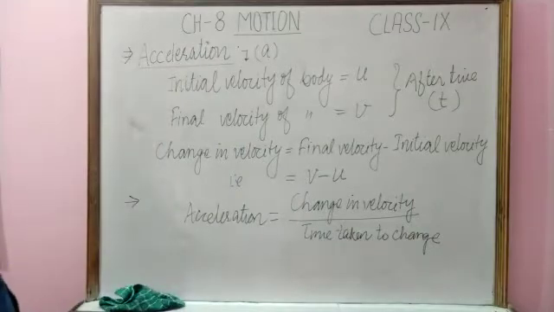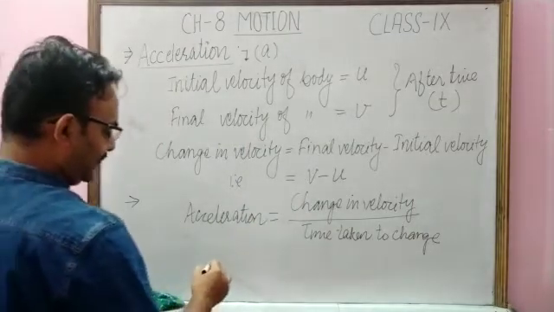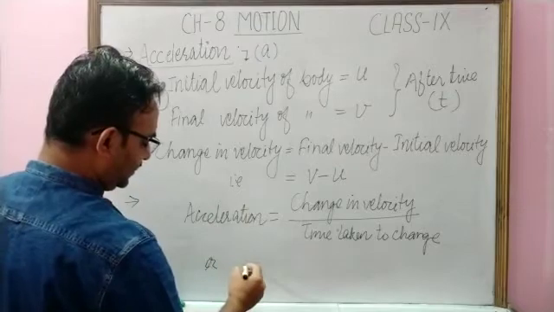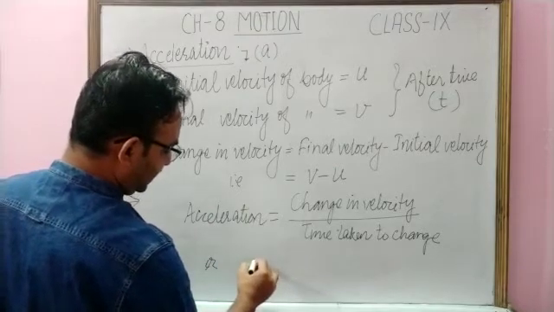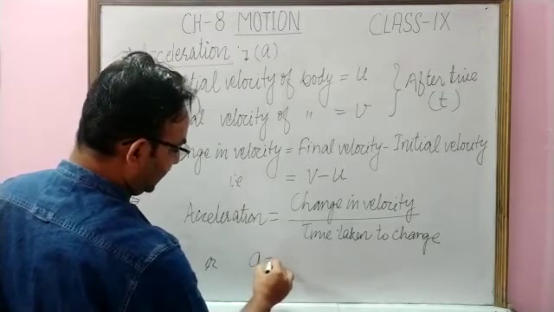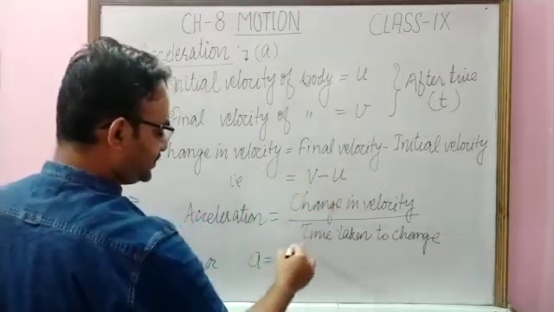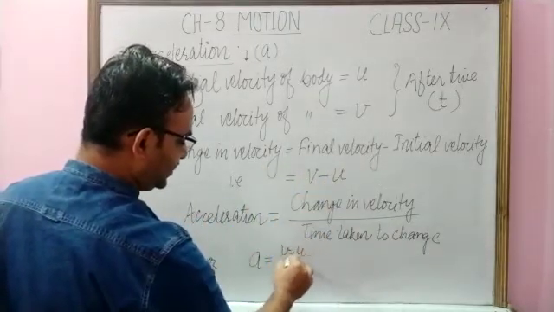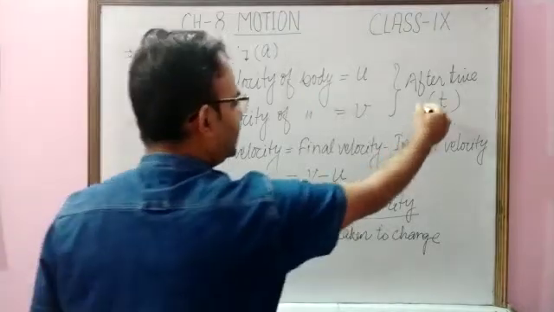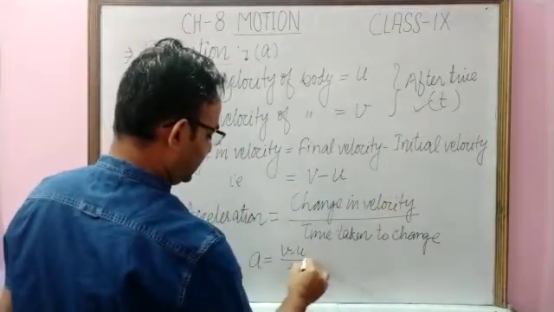Is it clear? Okay. Or we can write it in equation form. a is equal to change in velocity, that is final velocity minus initial velocity, v minus u, upon time taken, t.